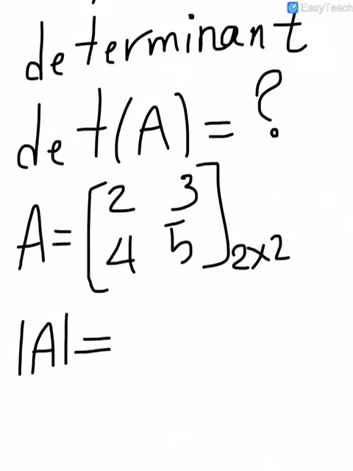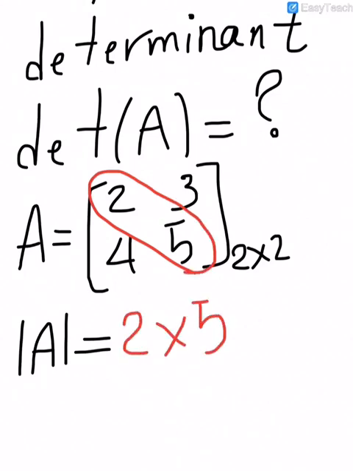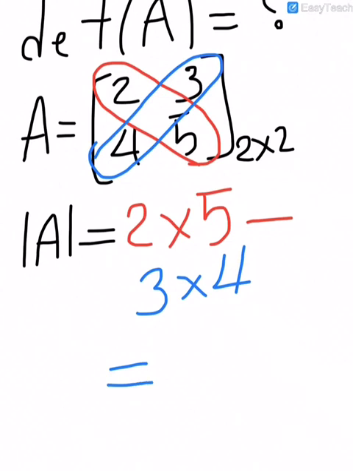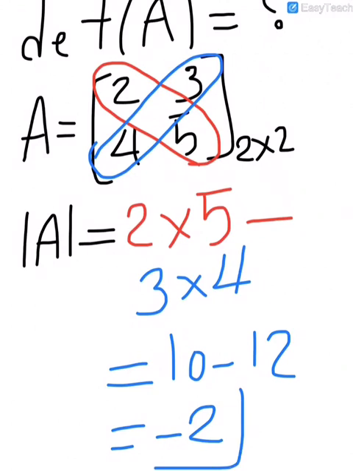For a 2 by 2 matrix, you take the main diagonal and multiply them, 2 times 5, minus, you take the minor diagonal and multiply 3 by 4. The result is 10 minus 12, which is minus 2. This is how we calculate the determinant of a 2 by 2 matrix.